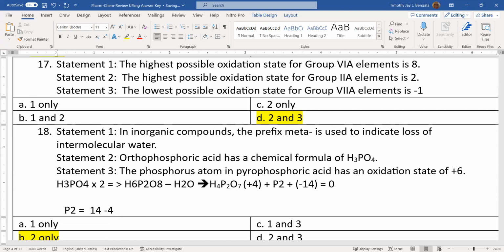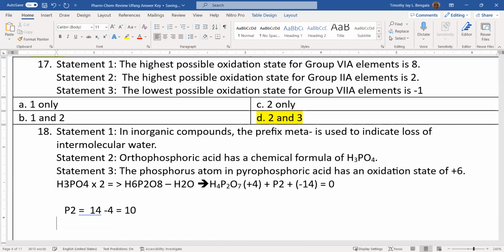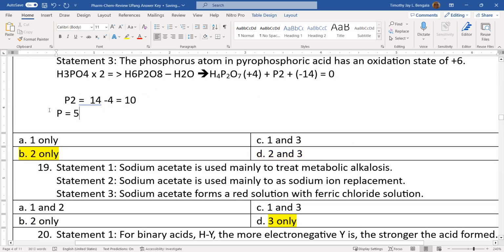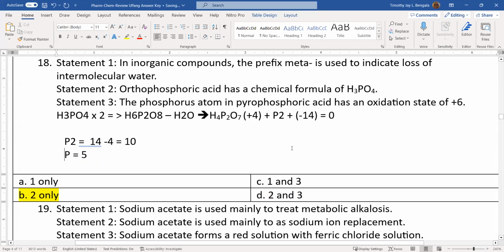So, that means P2 is equal to 10. And then, dahil may dalawang P, you have to divide by 2. So, P would be equal to 5. Okay? So, yun yung sagot natin. P would be equal to 5. So with that information, then that means statement number 3 is incorrect. So the correct answer would be letter B, 2 only. Okay? Questions?